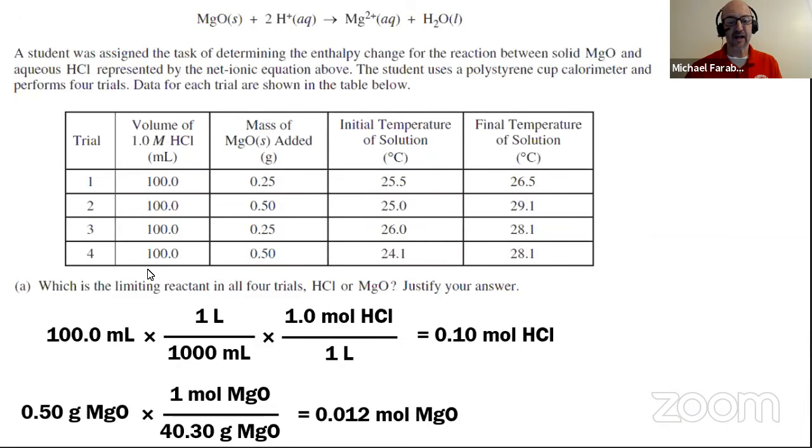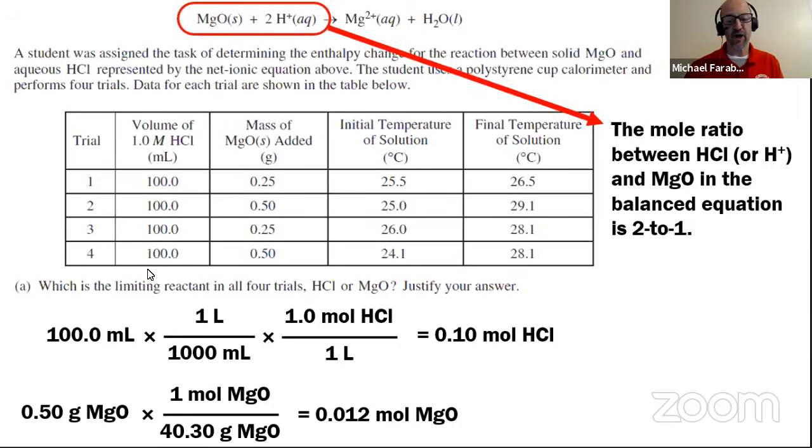So you can see that there is a 1:2 ratio between MgO and H+ or HCl. So if I have 0.012 moles of MgO, then I would need at least twice as much. That would be 0.024.